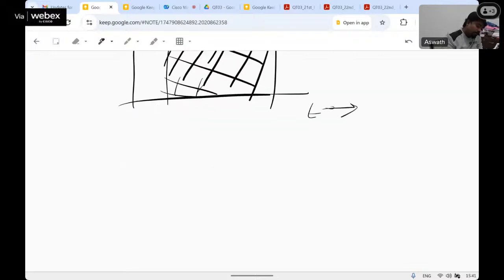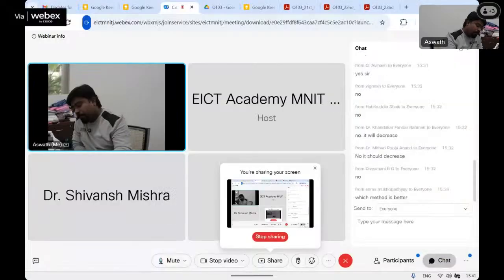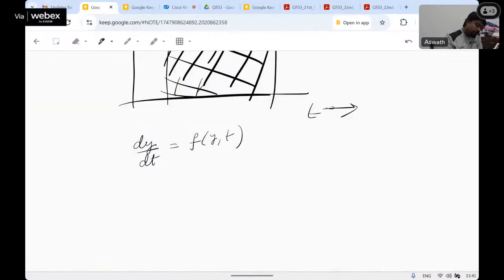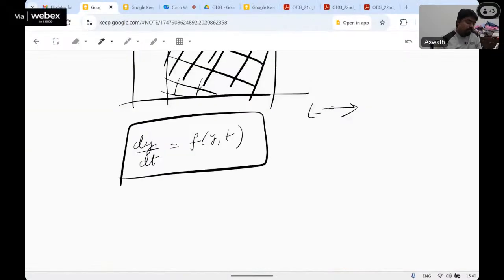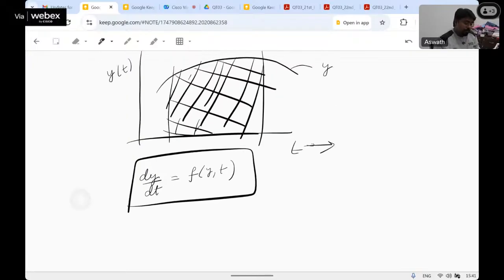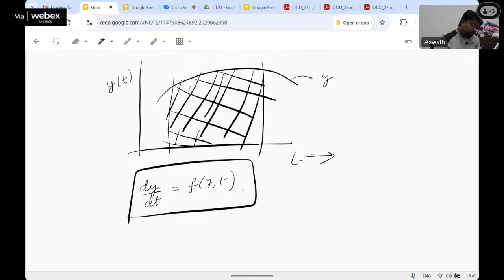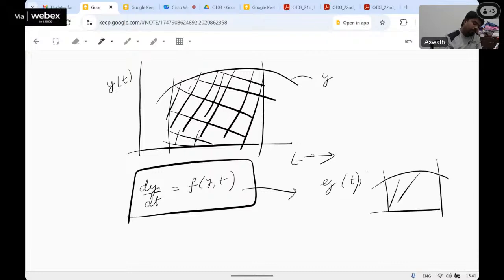Now you can say I have dy by dt equals some derivative function. How is it converted into finding the area under the curve? For example, I can simply get what y of t is, and from there I can have a curve and then find the area under the curve.